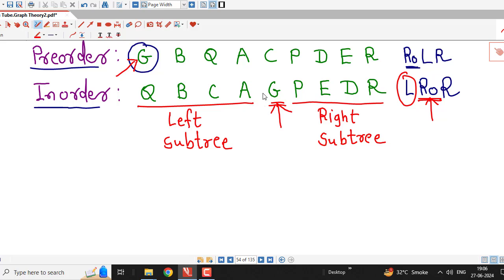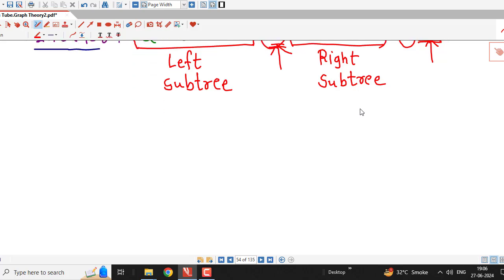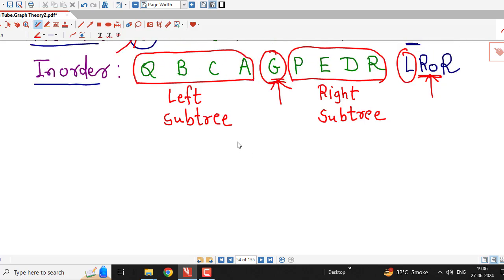So from this we have the idea that G is the root of the required binary tree, and the left subtree of G will have these 4 vertices, and the right subtree will have these 4 vertices. First we consider the position of the root. We write G here, and then for the left and right subtrees we draw these edges.